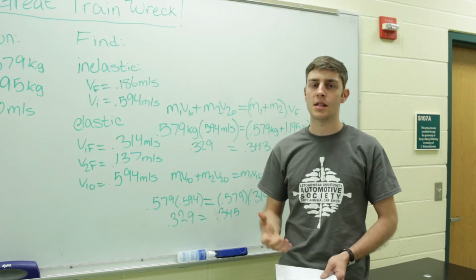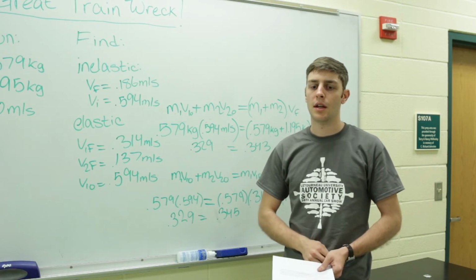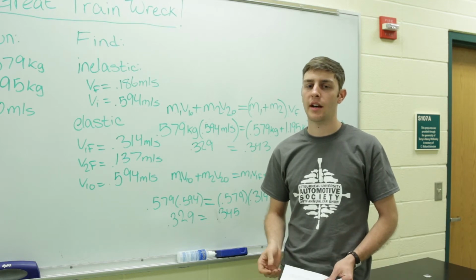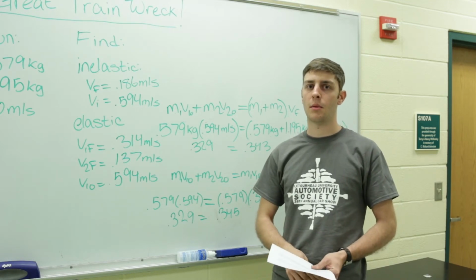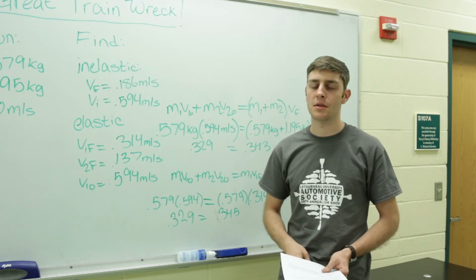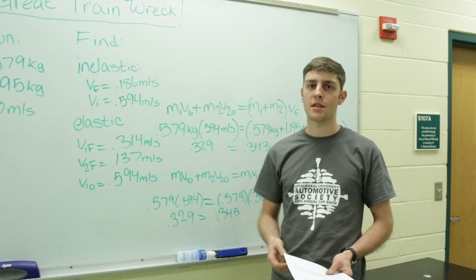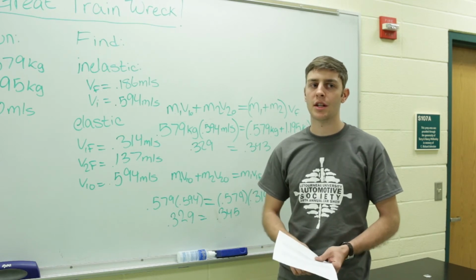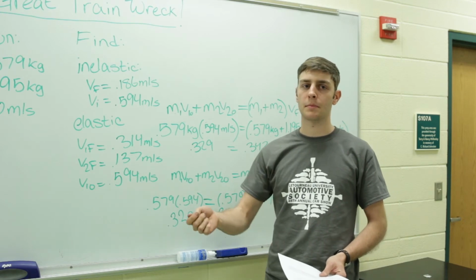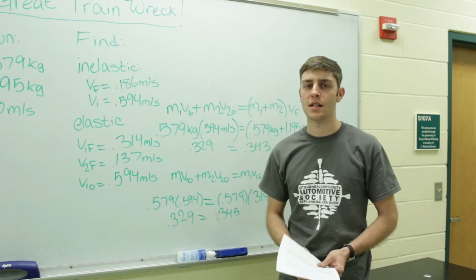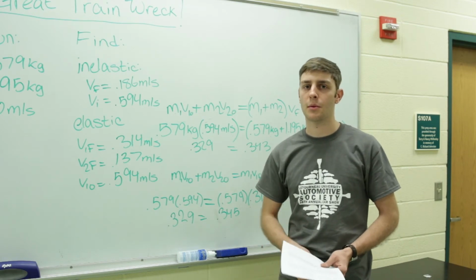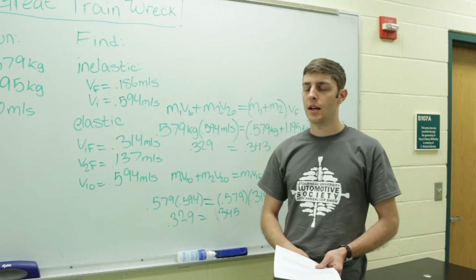Some of the losses in energy are due to friction and air resistance, and we also have experimental error in our measurements. We try to cut these down as much as possible by using physics carts that are very low friction. Originally we used a stopwatch to time and get an average velocity for the first cart, but then we used the photogate, which gives us a more accurate reading.